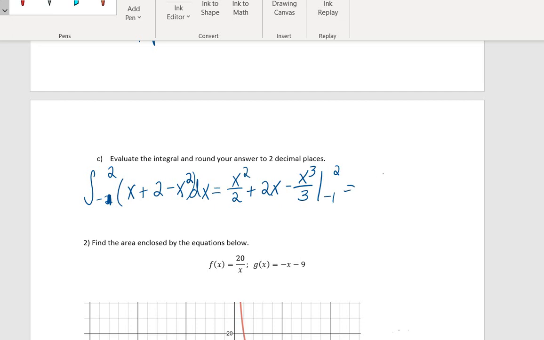If you evaluate that, you should get 9 over 2, which is 4.5. Perfect.